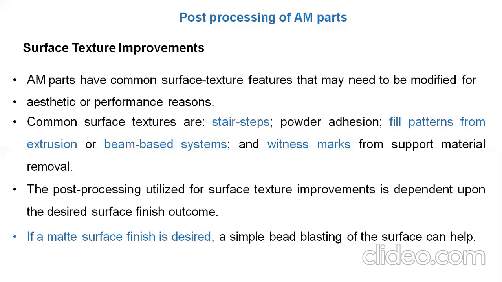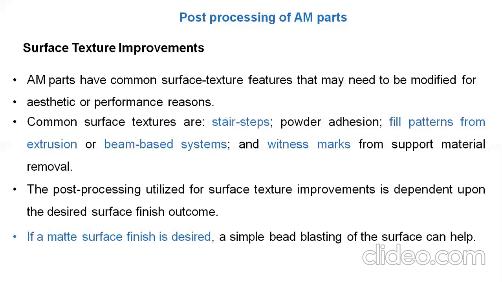For aesthetic or performance reasons, it is important to improve the surface texture of AM parts. The common surface textures are mentioned here: stair steps, powder adhesion, fill patterns from the extrusion or beam based system, and witness marks from the support material.